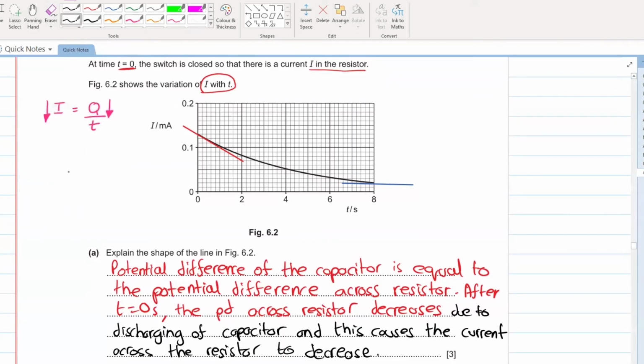What is the gradient of this graph? The gradient of this graph is current over time. How can you write current? Charge over time. Since charge is decreasing, your gradient decreases. Hence, you have a decreasing curve.